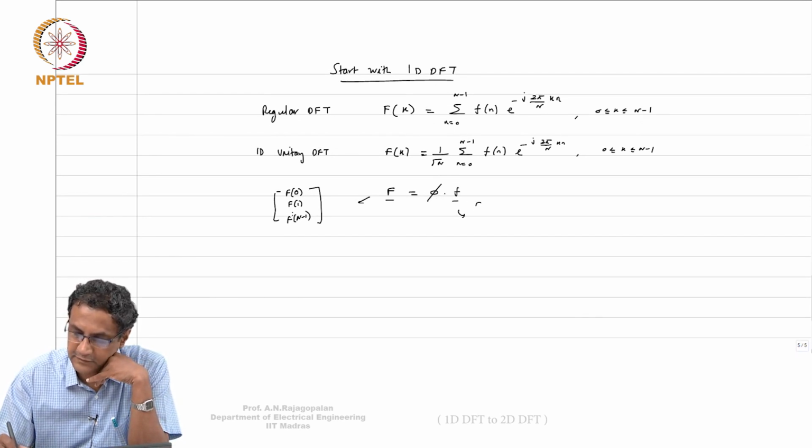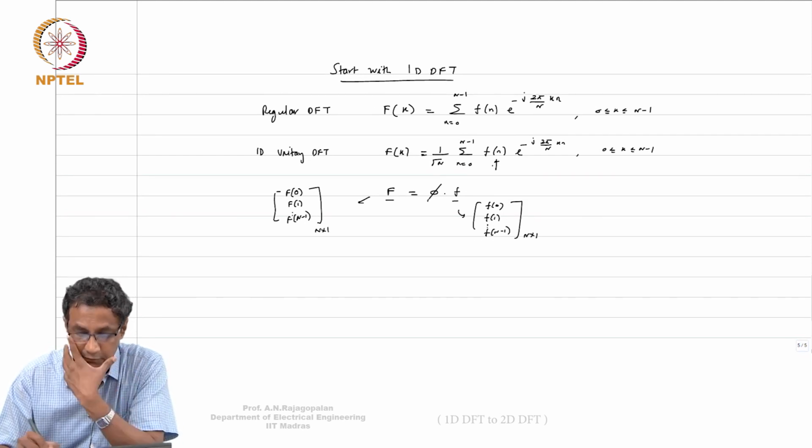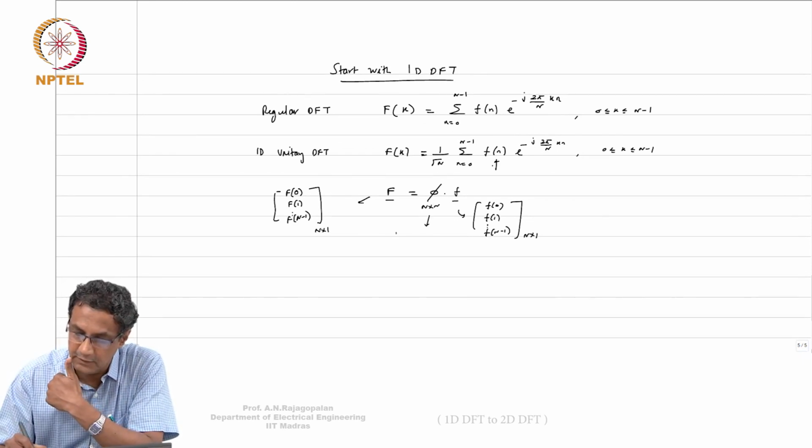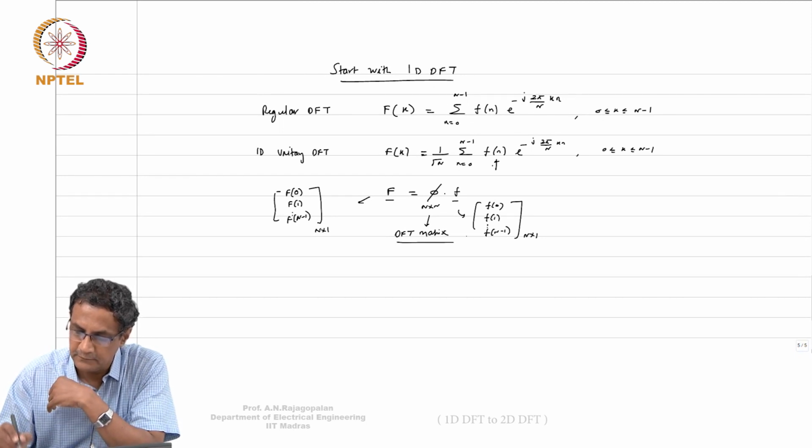Small f is this sequence f of 0, f of 1, all the way up to f of N minus 1. So this is N cross 1, and therefore this guy phi is N cross N, and this matrix is what we call a DFT matrix.